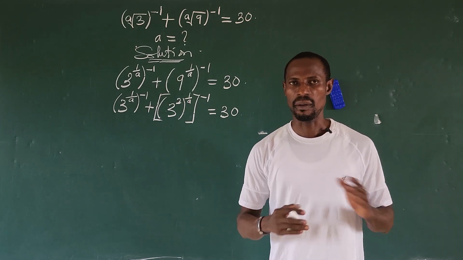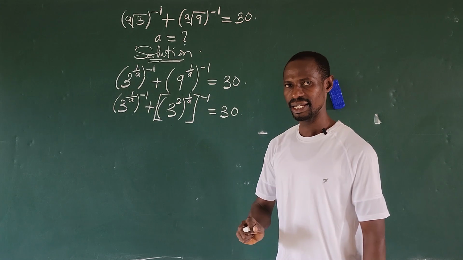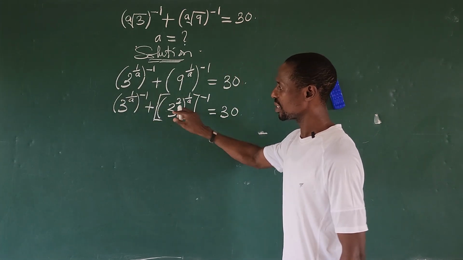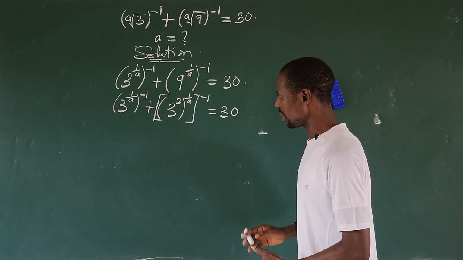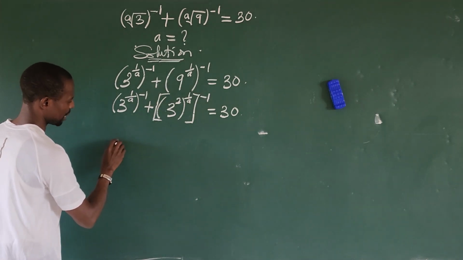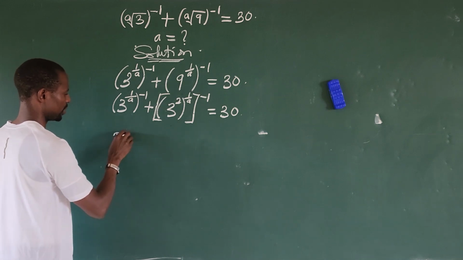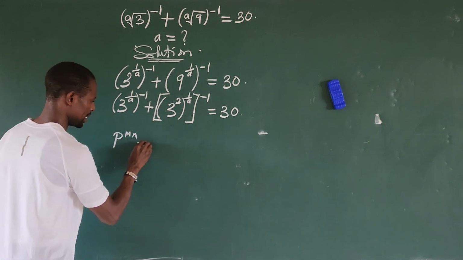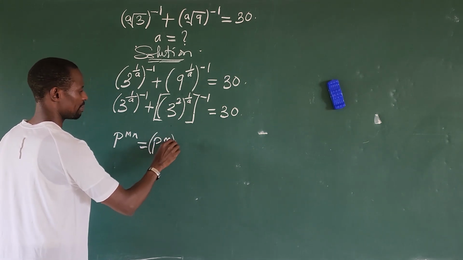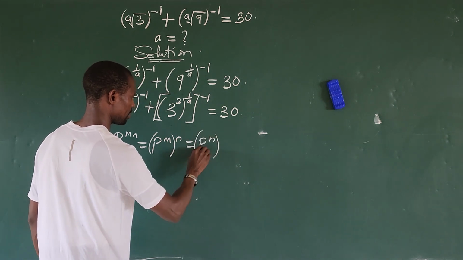Good. Now, because from the first expression we have 3 to the power of 1 over A, we want to achieve the same. In other words, we want to bring 3 to the power of 1 over A here too. So we're going to apply a law in indices which says that P to the power of (M)(N) is the same thing as (P^M)^N, which is equivalent to (P^N)^M.